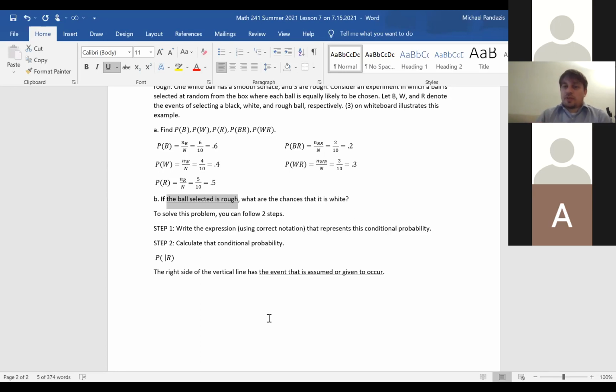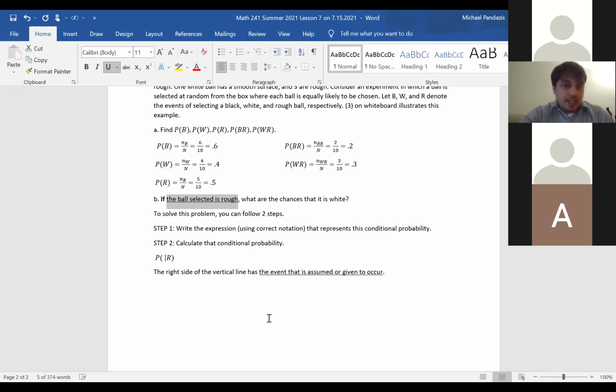So assuming that it rains, then I will get wet. So if the ball selected is rough, what are the chances that it is white? The assumption is that the ball is rough. That's the given information. So that one 2-letter word, if, is telling you that the entire statement after it, the ball selected is rough, is an event that's assumed to happen.